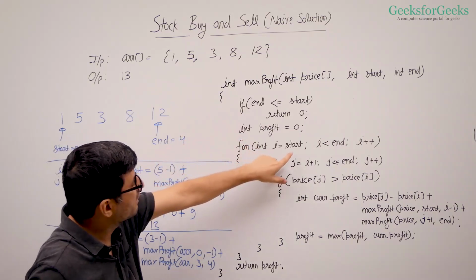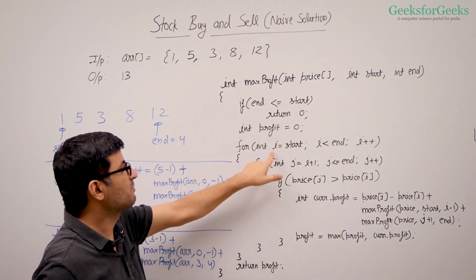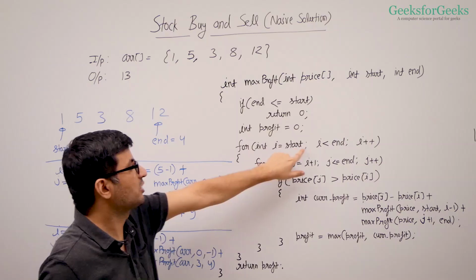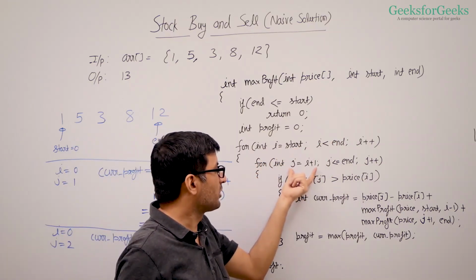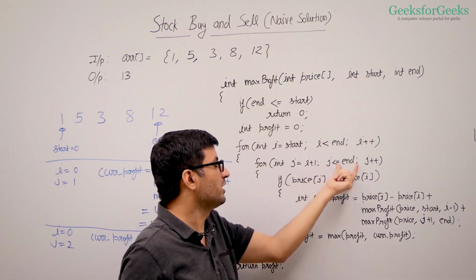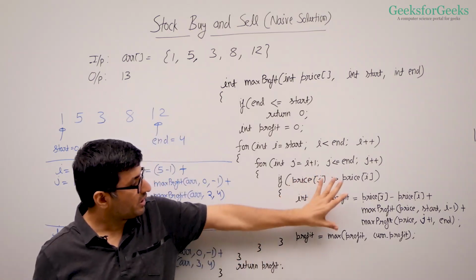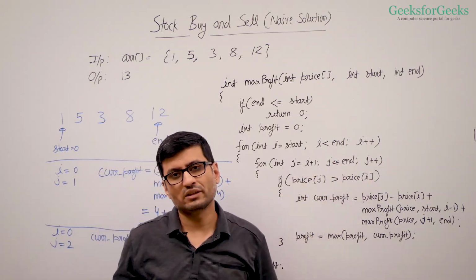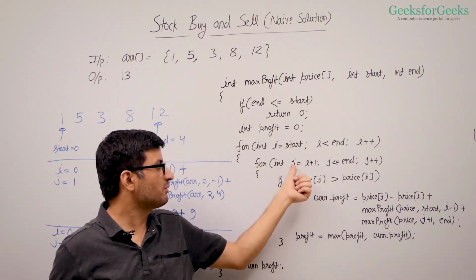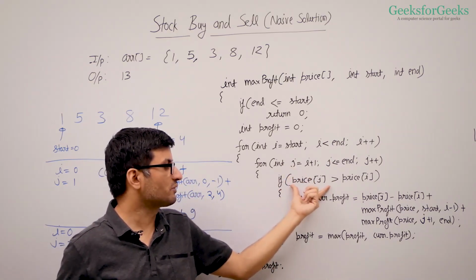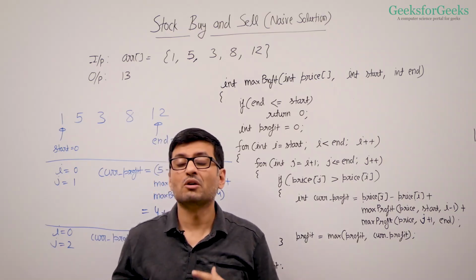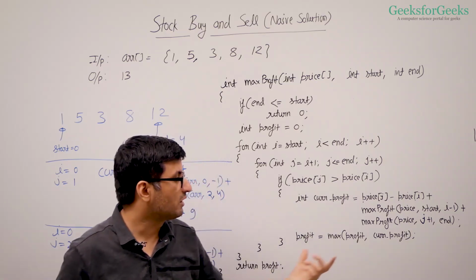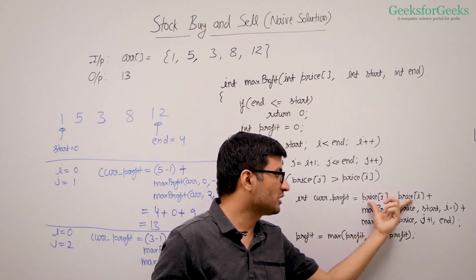So this is what we have done. We have considered every pair where the starting point is considered from start to end minus 1 and the ending point is considered from i plus 1 to end. We take only those pairs where price of j is greater than price of i. We begin from j equal to i plus 1. For every such pair, we compute the profit that we can get with this pair.